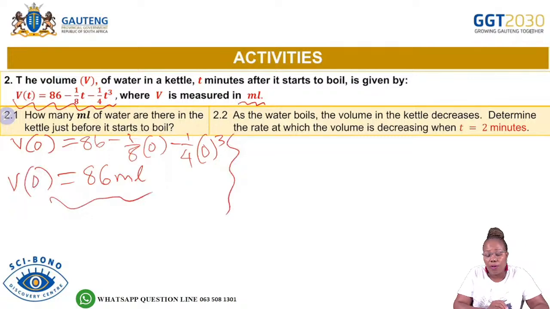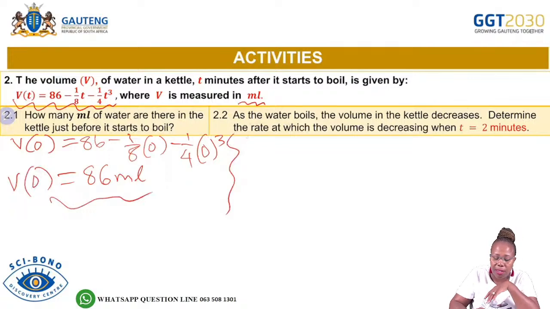And then now the second question says, as the water boils now, the volume in the kettle will decrease. Remember, if this is the limit of water at 86 milliliters, the minute it starts to boil, the water will evaporate, and it will decrease the amount of water that you have in the kettle.